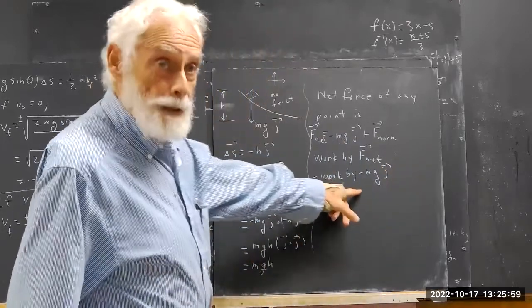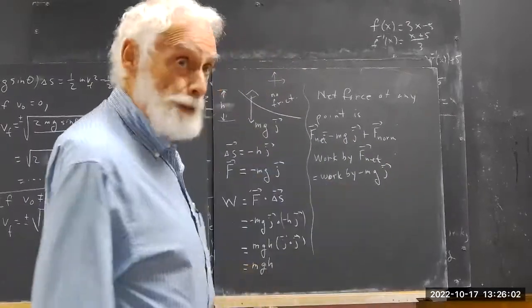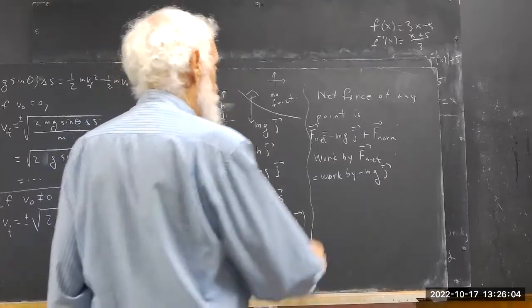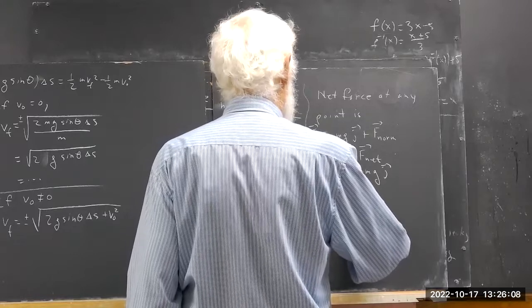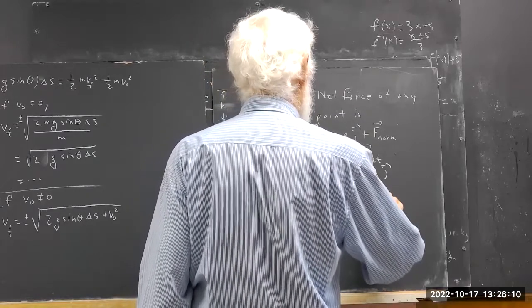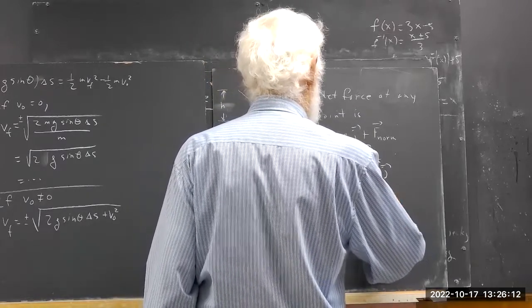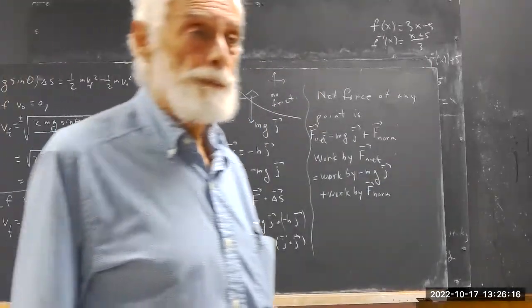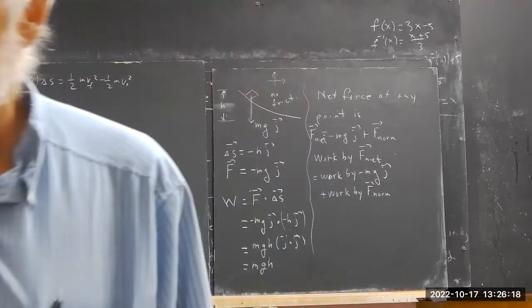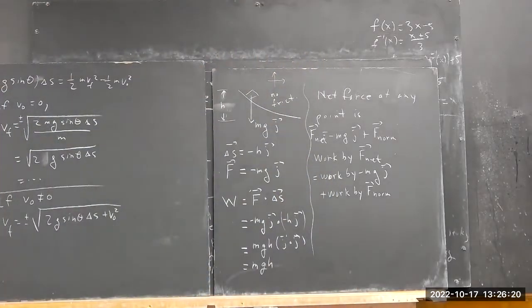It's the work done by negative mgj, which we calculated as mgh, plus the work done by your normal force. Now, let's talk about how much work the normal force does.